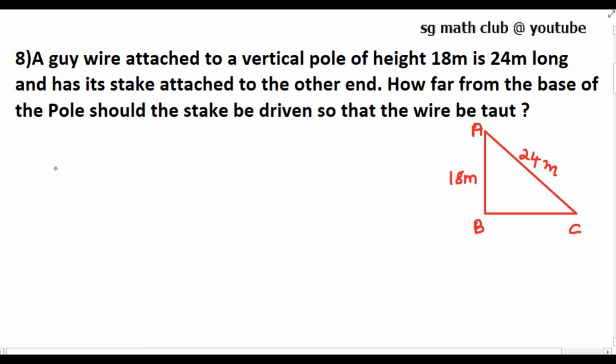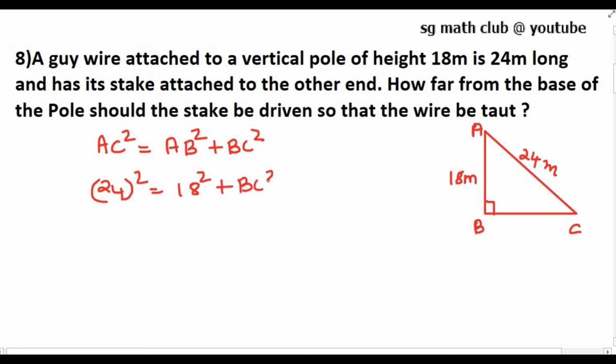So again we can use the Pythagoras theorem. Here B is 90 degree, the side opposite to 90 degree is hypotenuse. So I can use AC square is equal to AB square plus BC square. 24 the whole square is equal to 18 square plus BC square. Now 24 the whole square is 576 is equal to 324 plus BC square.